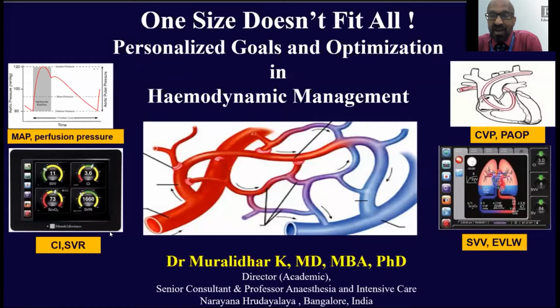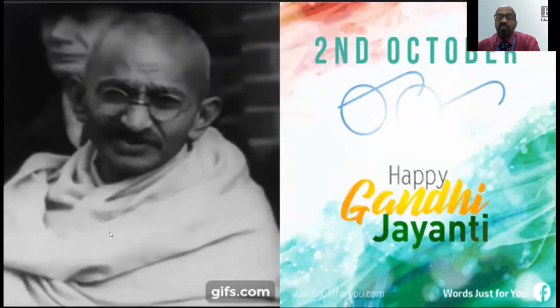There are several parameters to go by, and there are several monitors, some invasive, some non-invasive, that may guide decisions to administer intravenous fluids, vasopressors, inotropes, and other treatment modalities. The crux of the problem is that we need to know what is the optimal mode of monitoring and what is the optimal treatment for a given particular patient.